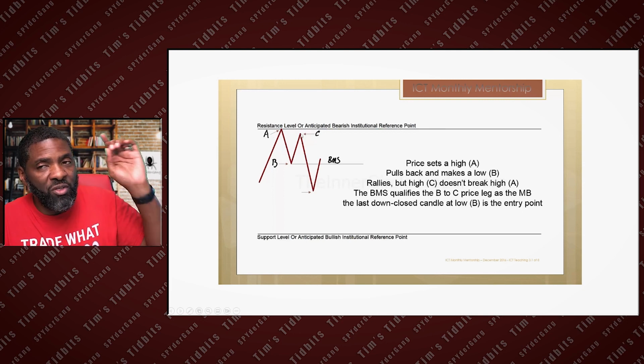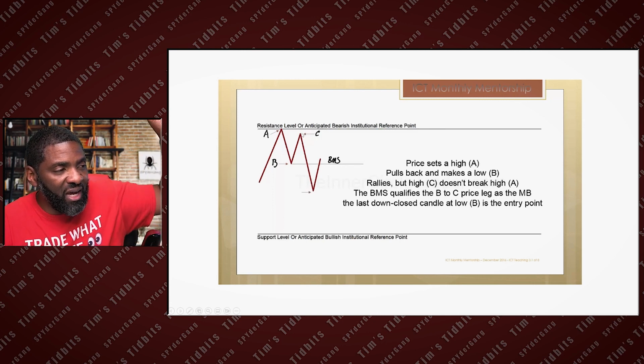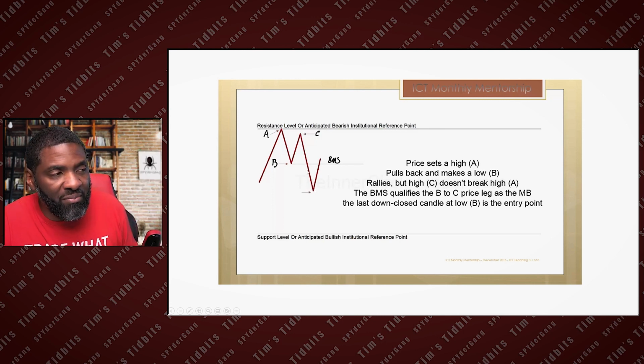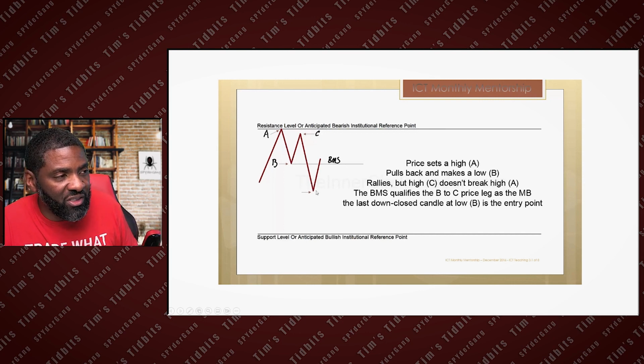Now you want to see heavy distribution coming from C, a heavy drop, like big money dropping from C on down, and get a breaking market structure right here. Once you get that breaking market structure, you want price to come back up into this.